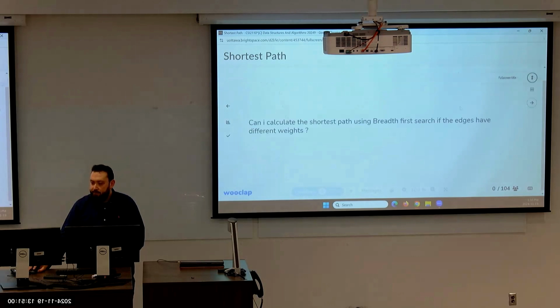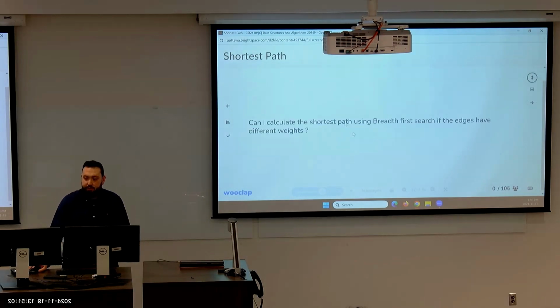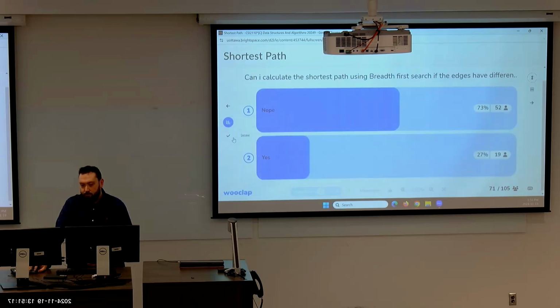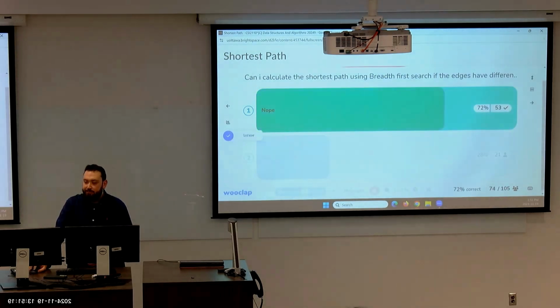Can I calculate the shortest path using breadth first search if the edges have different weights? Time to wake up. What do you guys think? Of course not.